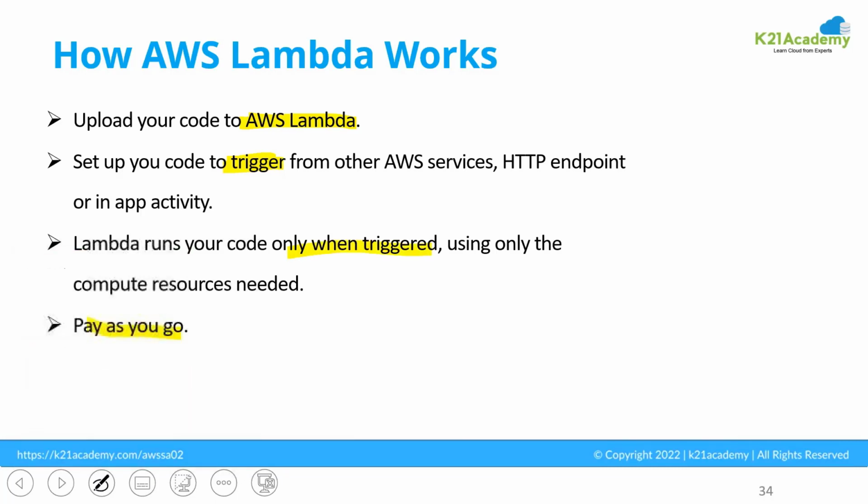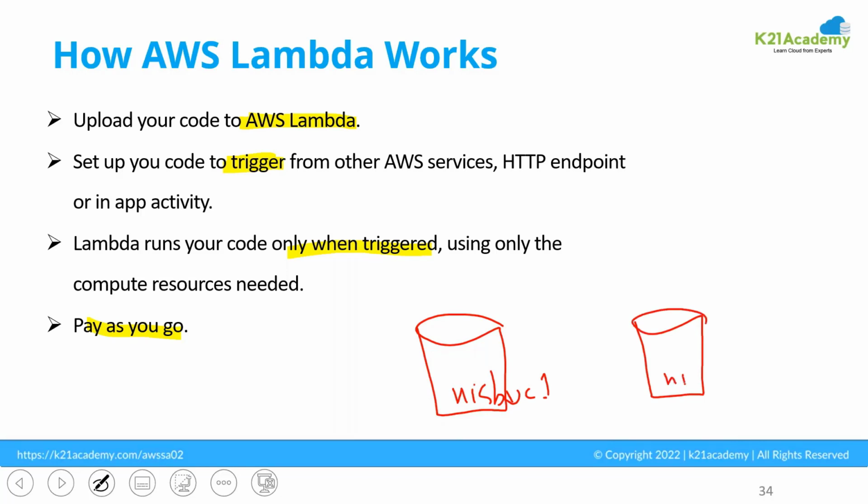So suppose, let me give you a scenario that I have a bucket, I'll name it as niche buck 1. I have a bucket niche buck 2. So as soon as I put a data or an object inside this bucket, it will get replicated over here, right?